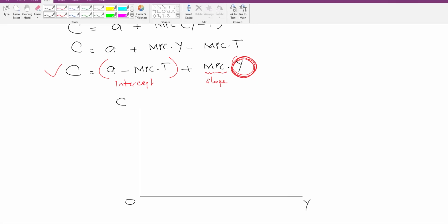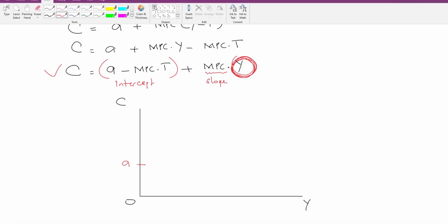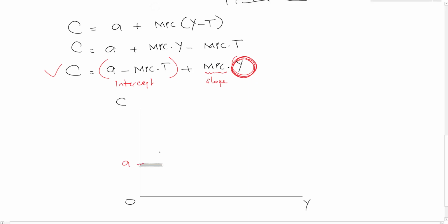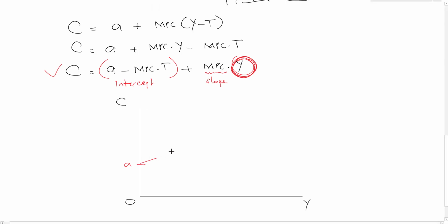Now previously, what we had was A as an intercept here, and we had a line like this, and this was C is equal to A plus MPC YD. So this is what it looked like.